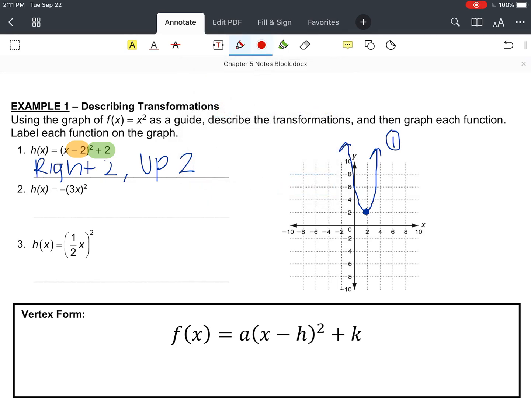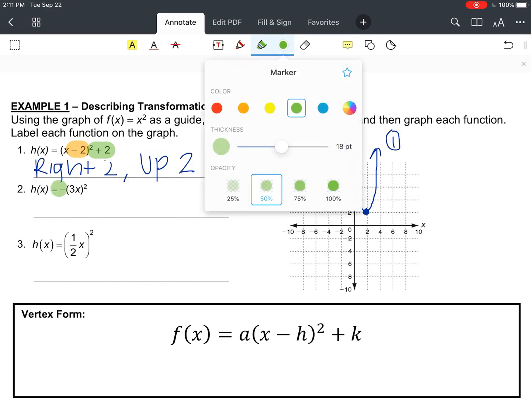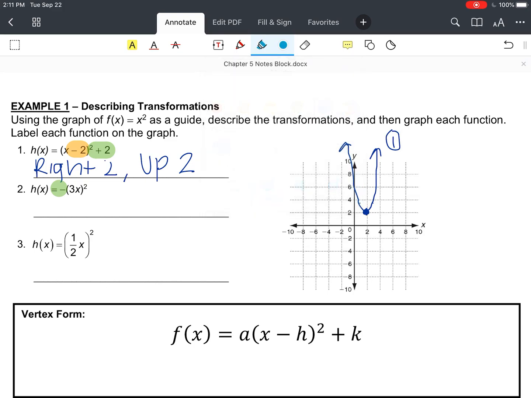Now let's look at number 2. Number 2, I see 2 different things. I see a negative out in front, not in parentheses, and then I see this 3 in parentheses. So let's see what both of those mean. The negative not in parentheses, that's the reflection over the x-axis, so I know it's going to be upside down. So a reflection over x. The 3 in parentheses, well that, if you look above, is a horizontal compression.